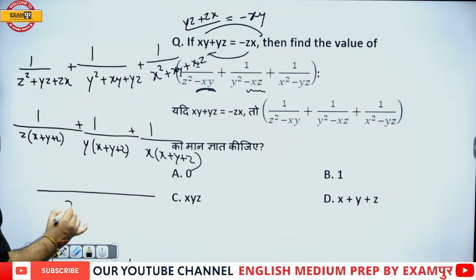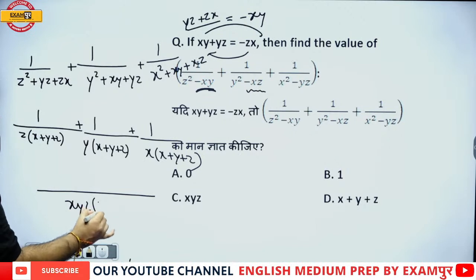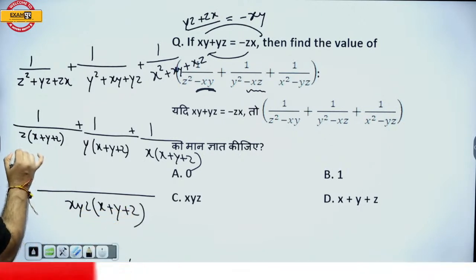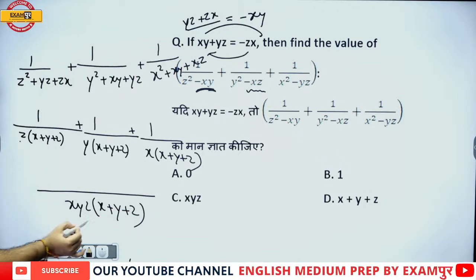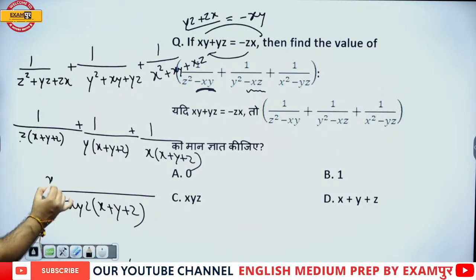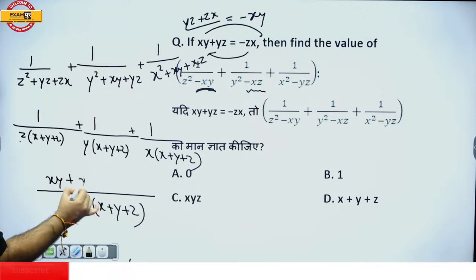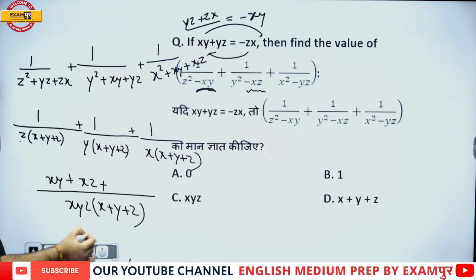Take the LCM x, y, z, x plus y plus z. After z, x, y, z, what is remaining? x, y. After y, x, z, what is remaining? x, z. And after x, what is remaining? y, z.